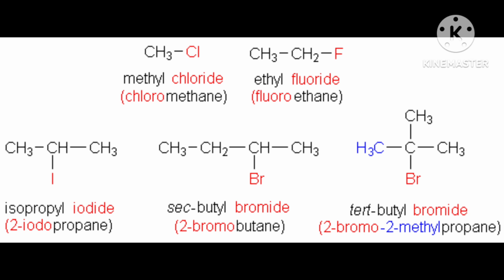Preparation from alcohol. The reactions of primary and secondary alcohols with HX require the presence of a catalyst. Which type of catalyst? The catalyst should be ZnCl2, zinc chloride.